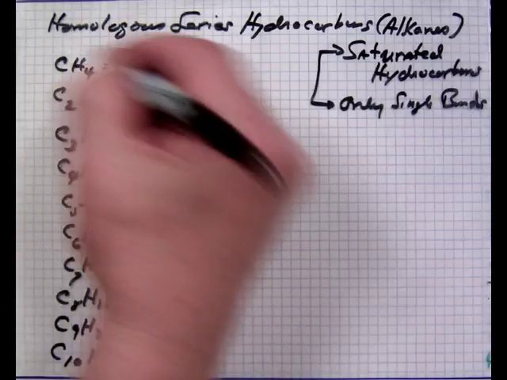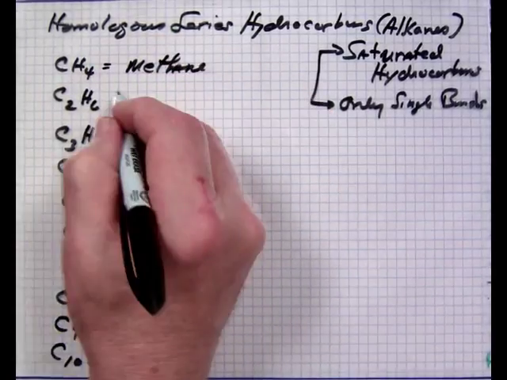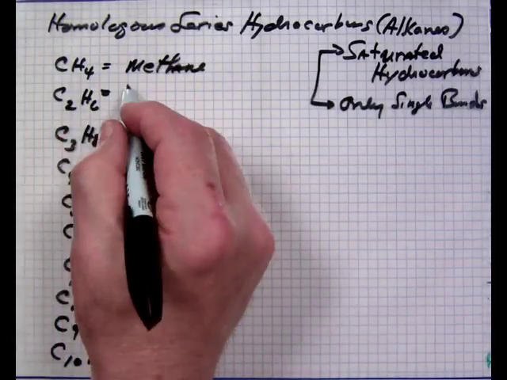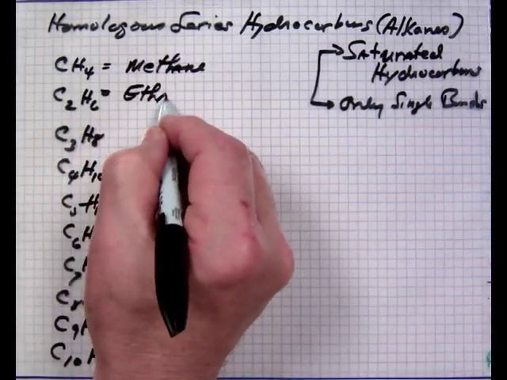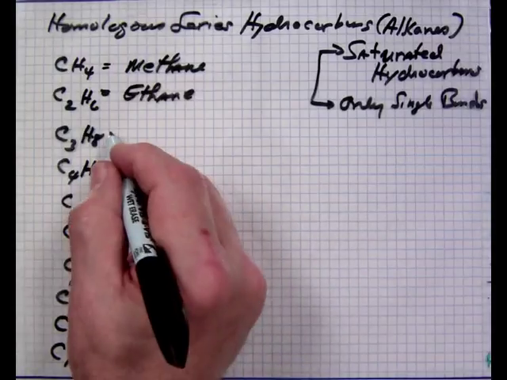Systematically, this is the simplest hydrocarbon, and it has a common name, methane. 2 would be ethane. Ethyl type structures are typically 2 carbon structures.